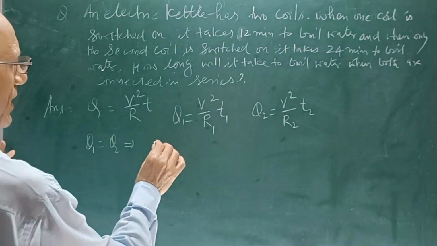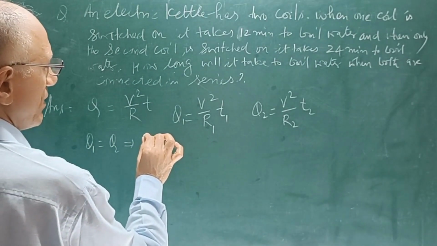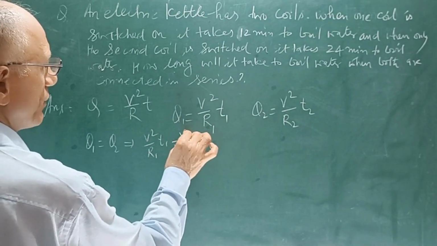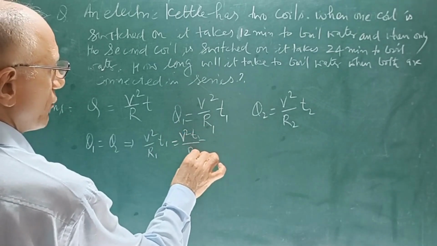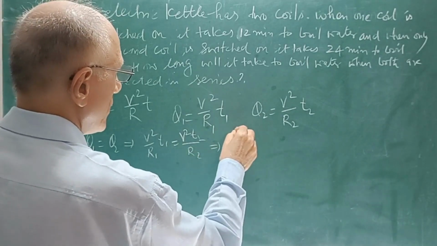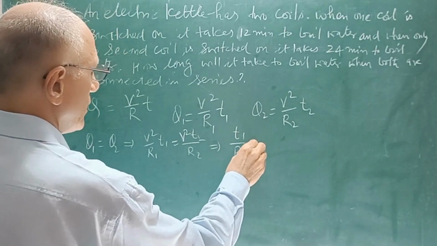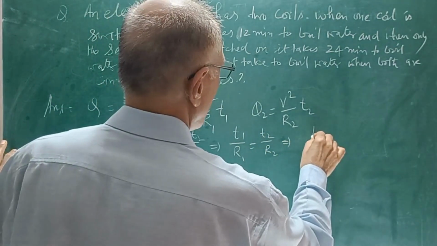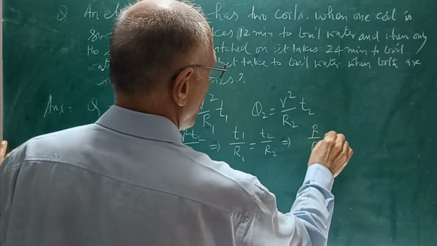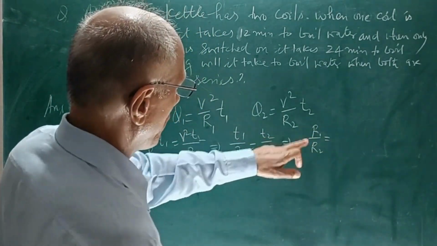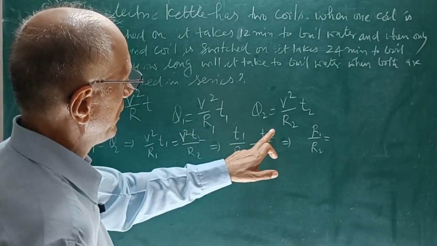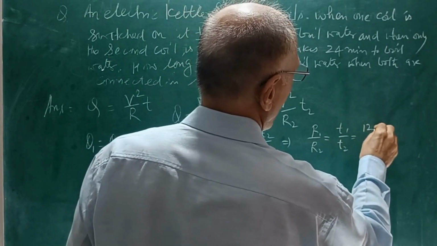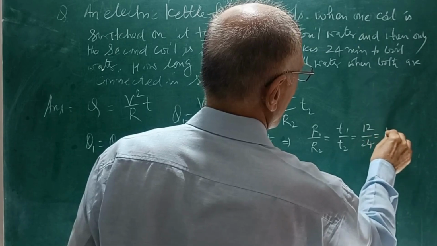That means we have V square by R1 T1 equals V square by R2 T2. That simply gives you T1 by R1 equals T2 by R2. That means R1 upon R2 will be equal to T1 upon T2, that is 12 by 24, that is 1 by 2.